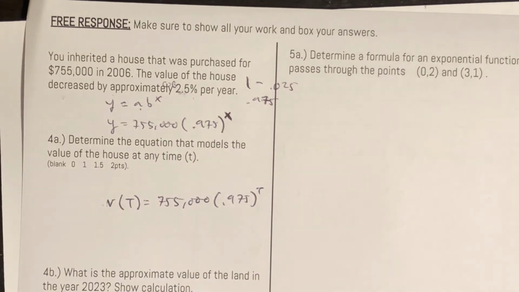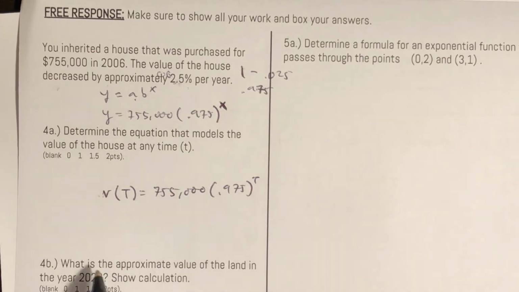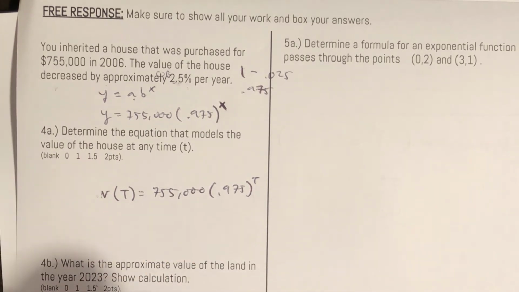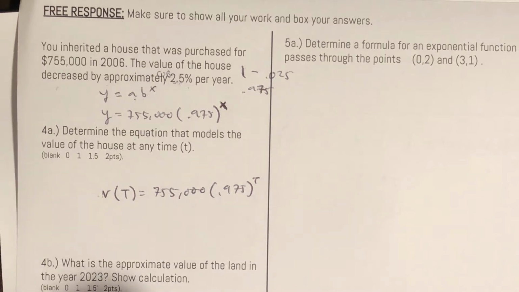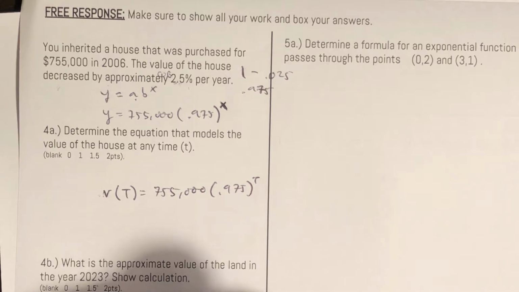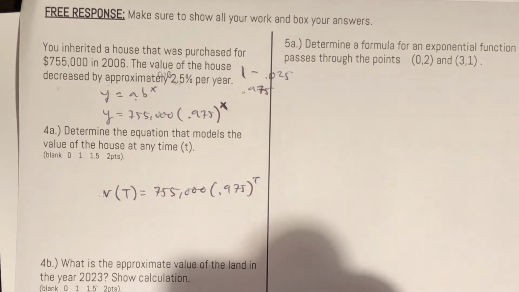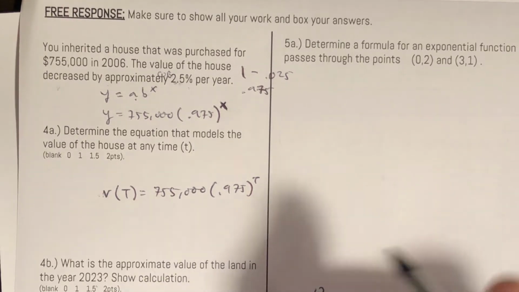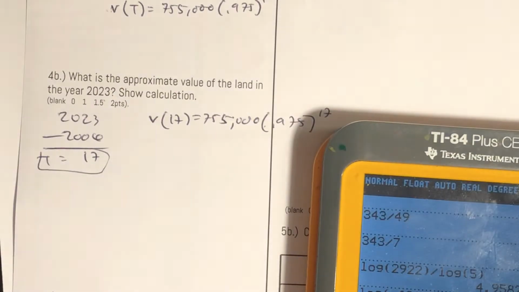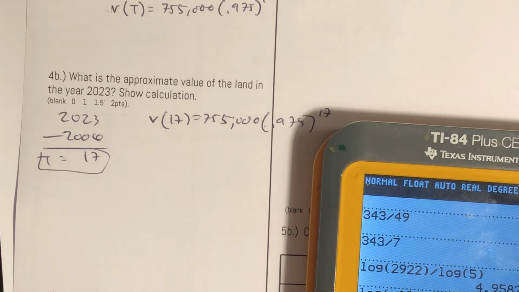It says use T. What is the approximate value of the land in the year 2023? So I subtract that from 2006, I get time equals 17. So I can just put in 17. There's my calculator ready equation. Let's put that in.